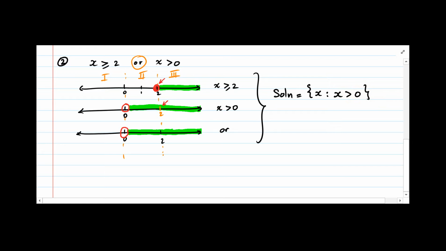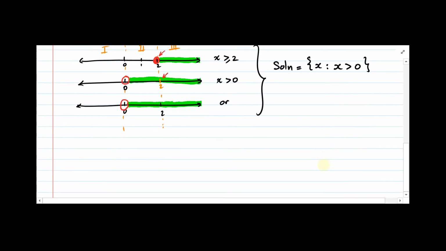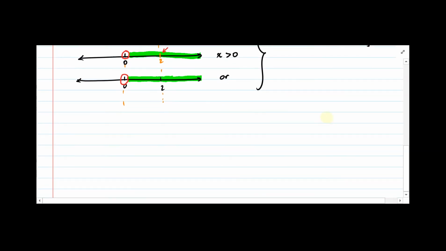We end up with one region that is shaded. Again, we call this an unbounded set. Alright. Let's go on to next question.